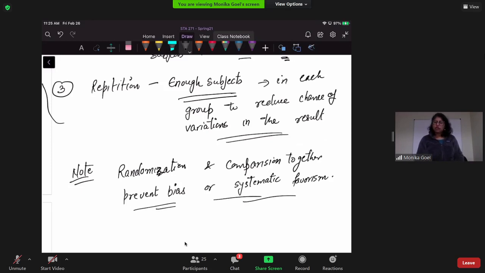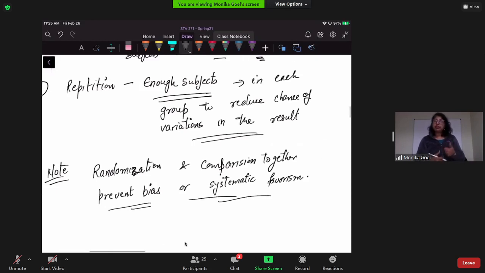Bias, which we call systematic favoritism. Again, randomization and comparison together, they will prevent your bias in your design or in your sample when you collect the sample. So randomization, again, we said that randomization is a key to prevent the bias. And when we're doing the experiment, comparison helps us to eliminate the effect of your lurking variable. So that means randomization and compare all together helps you to prevent the bias in your experimental design.